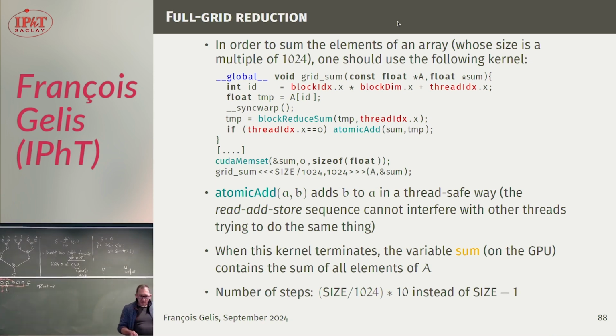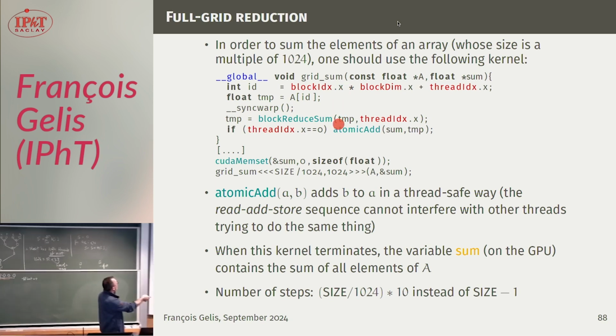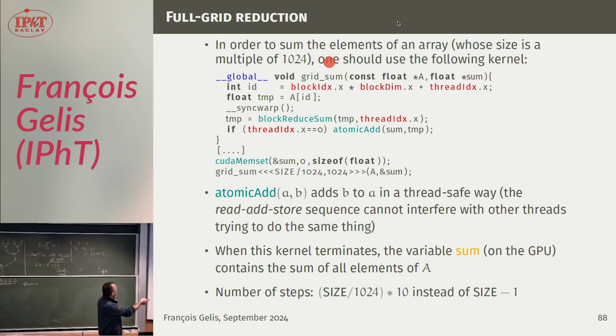So the way this CUDA kernel is called is that it's your responsibility to initialize this variable on the GPU to 0 before you start summing into it, because you see in the CUDA kernel here there is no place where it's set to 0. So you have to call it after having set this sum to 0.